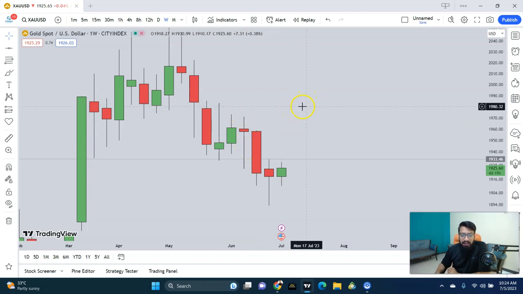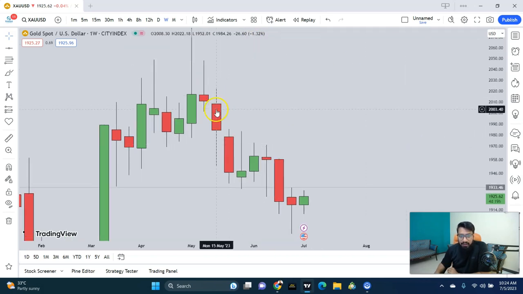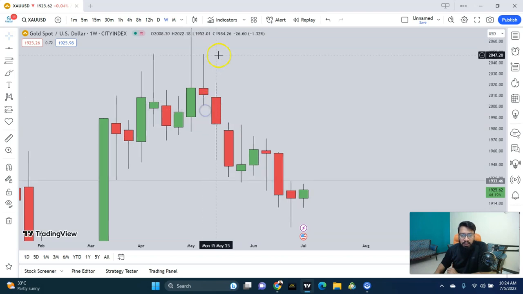If you see here, this was May, and from this point onwards the price kept going down, and the price of every week has respected the high of last week. So this was the high of May 8th, the first week of May. Then you can see this week's high is below the high of last week.